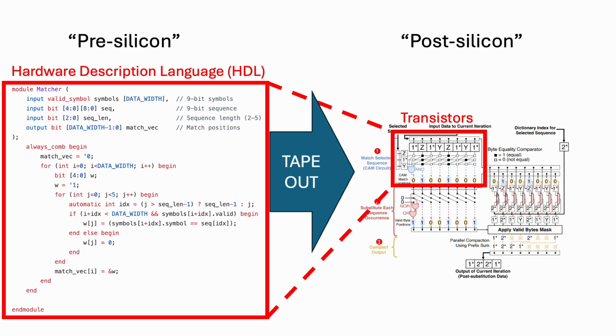And after that, it's called post-silicon because even if you find a bug, there's not really much you can do in terms of changing the physical layout or connections between the transistors.